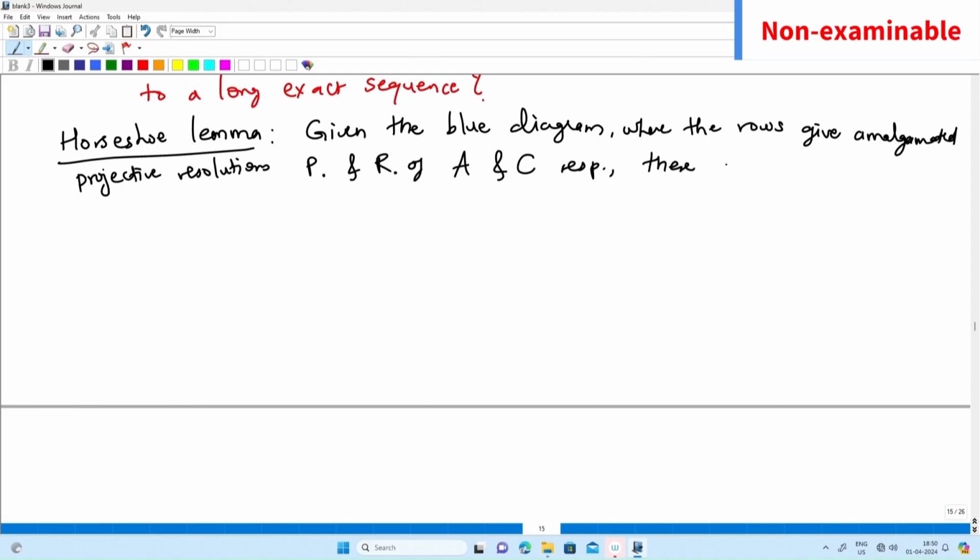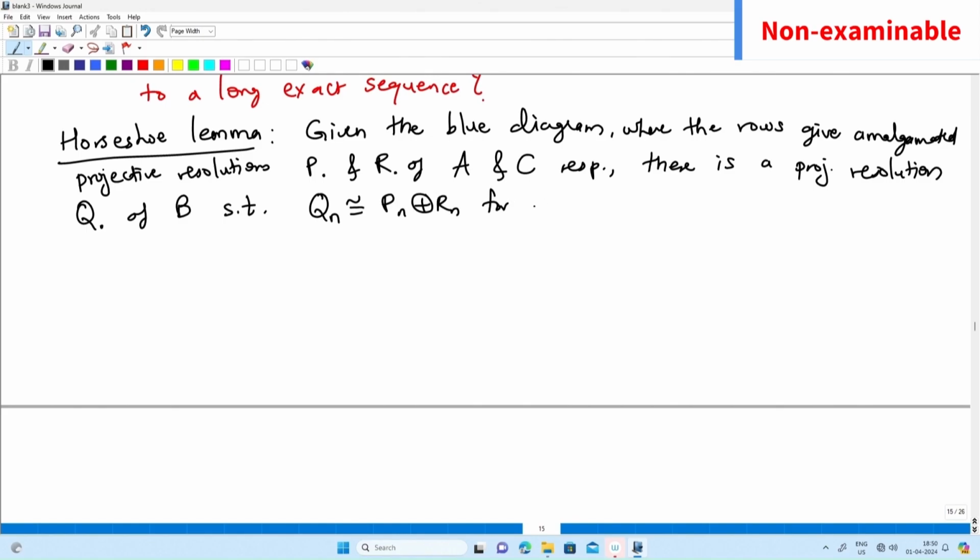There is a projective resolution Q dot of B such that Qn is isomorphic to Pn direct sum Rn for each n, but not necessarily P dot direct sum R dot isomorphic to Q dot.